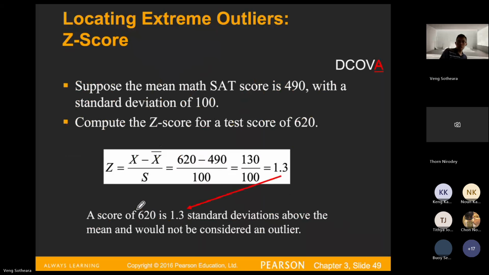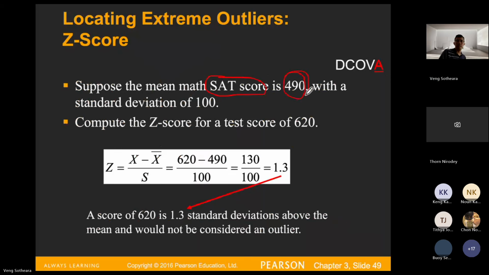Okay, so for example, you take an SAT math test. Maybe this is an IQ test, right?